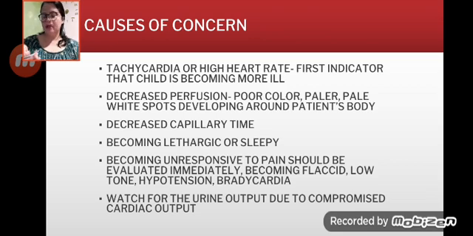And the last thing you need to do is to check the output of the patient. You need to check the urine output due to compromised cardiac output of the newborn. So how are you going to check the urine output? You need to check the diaper of the child, and you need to also ask the mother how frequently the baby is urinating.